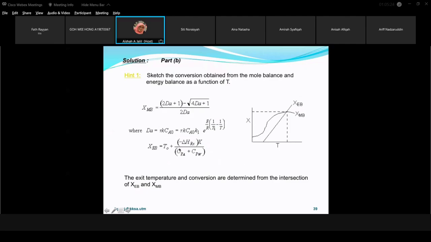But please search for your seniors' past questions which do not use the Damkohler number. You can calculate without using tau. But it's up to you whether you want to use tau or not, to get this plot. So the exit temperature and conversion you can get from this one.